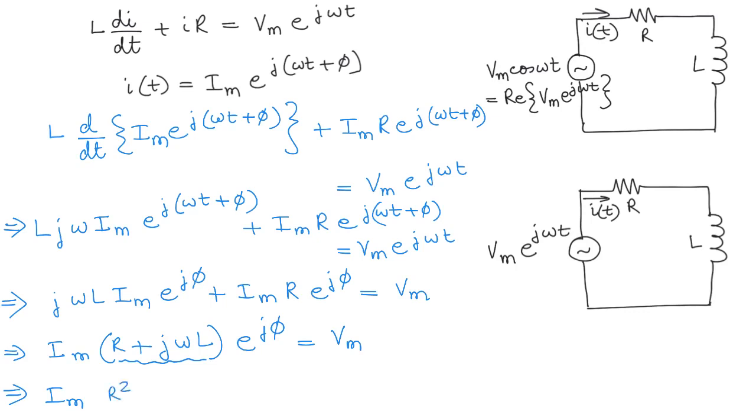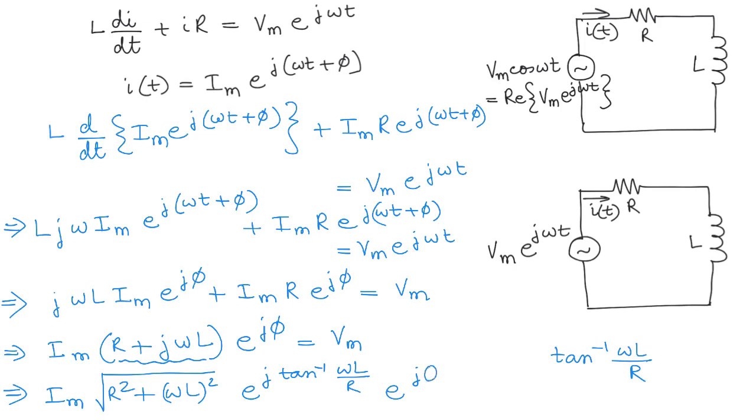It is square root of R square plus omega L whole square. And what's the phase of that? The phase of that is going to be tan inverse omega L by R, and therefore you can write this as Im times the magnitude, e to the power j tan inverse omega L over R, e to the power j phi, equal to Vm.